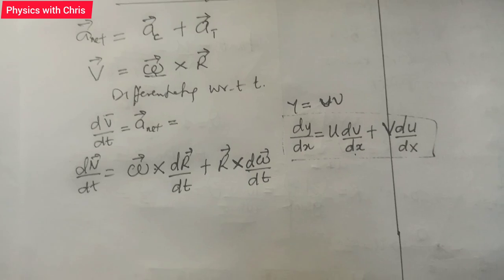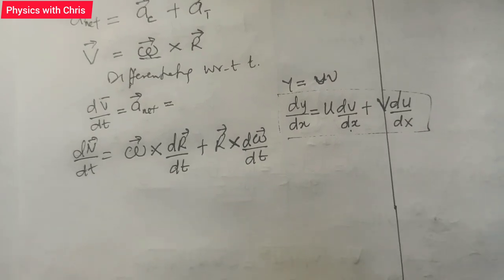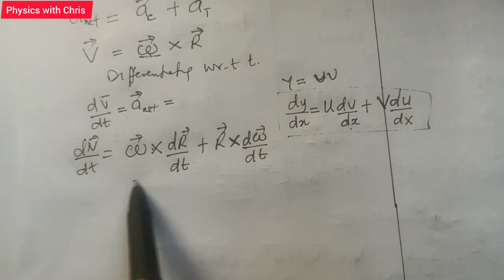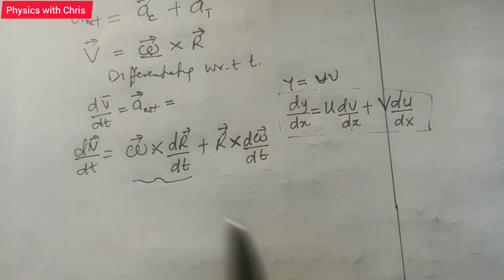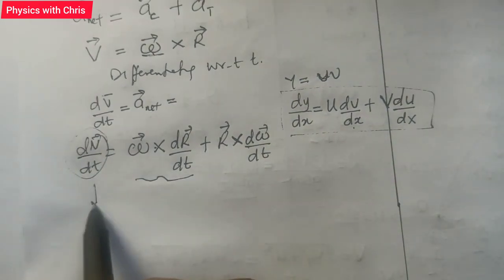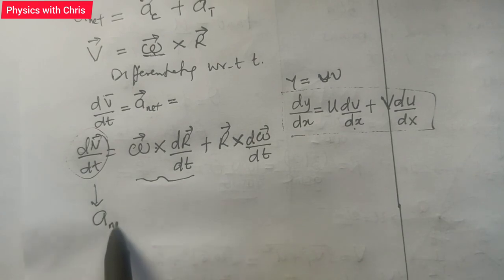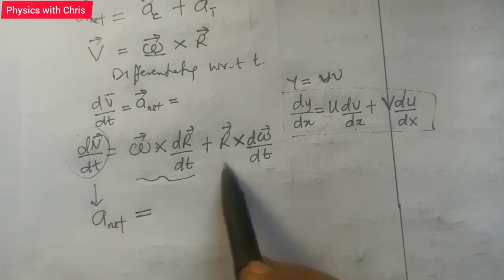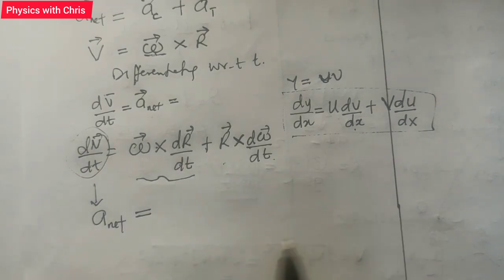By close inspection, we clearly see that this is leading us to the two types of acceleration. This expression gives us the net acceleration, a_net, equal to this acceleration plus this other acceleration. But which one do we call centripetal acceleration, that is radial acceleration?